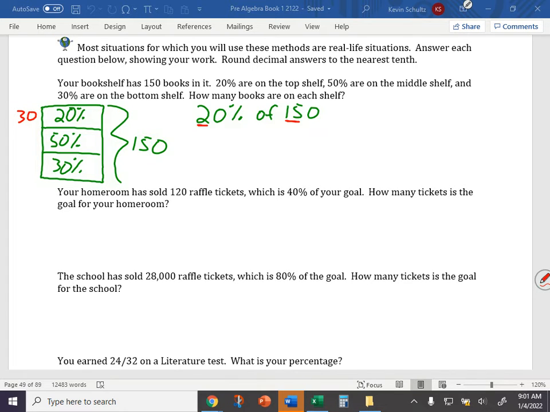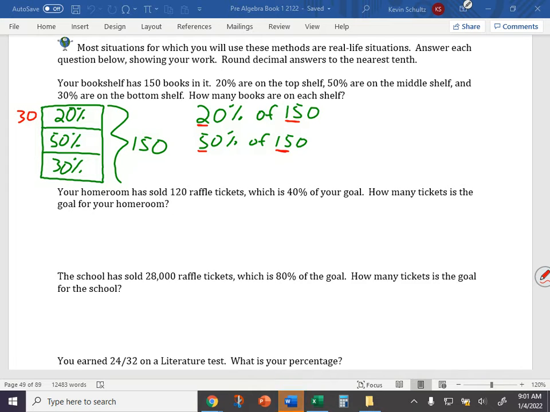Same thing as Jack, you can turn it into a decimal and then do the decimal times 150.